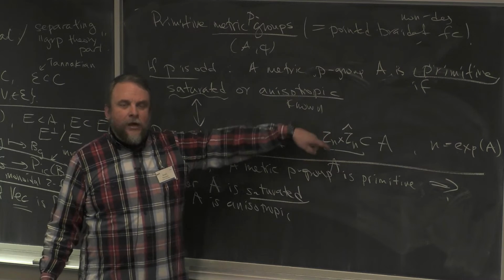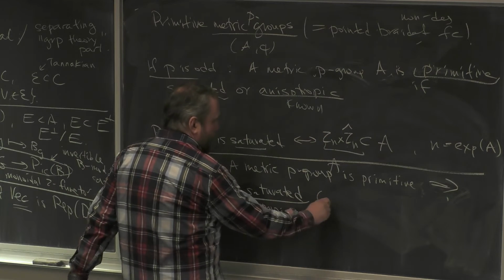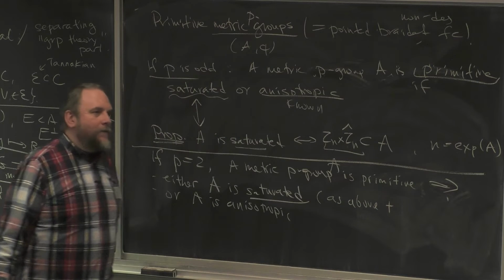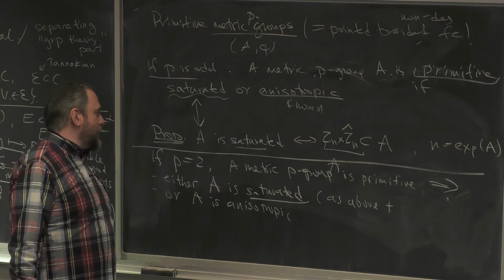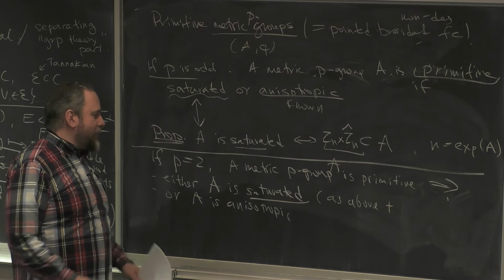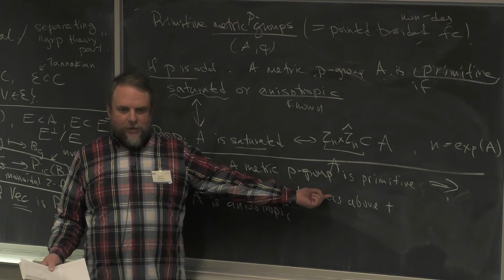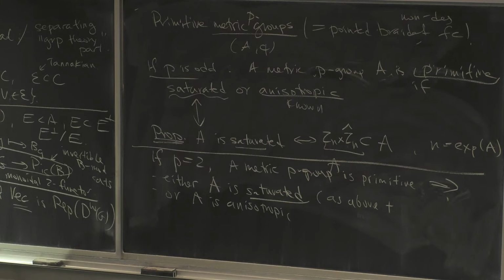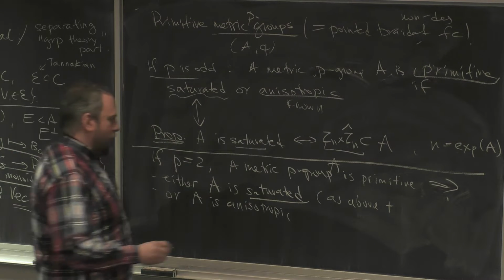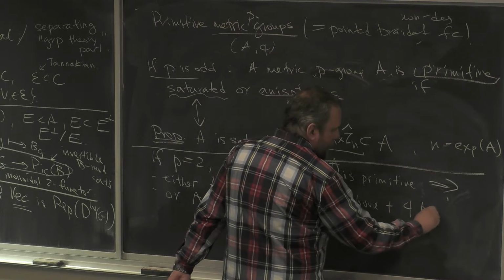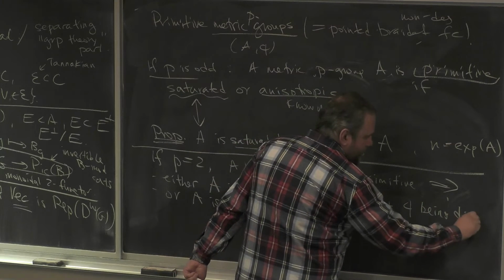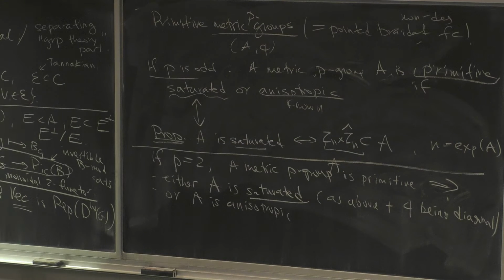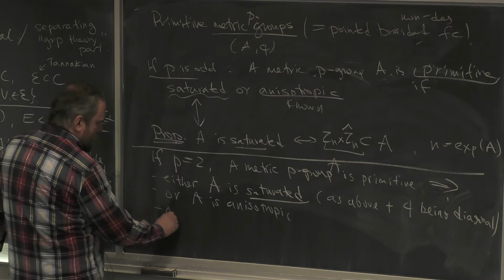So in addition to this, as above, what you need to have is that your quadratic form is a diagonal of a bilinear form, which is automatic in the odd case, but is not in the 2 case. So plus Q being diagonal. Anyways, the point is that there is a transparent classification.